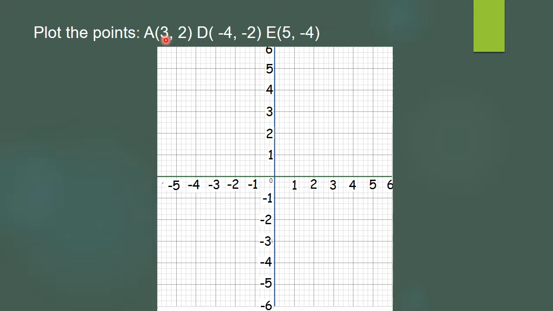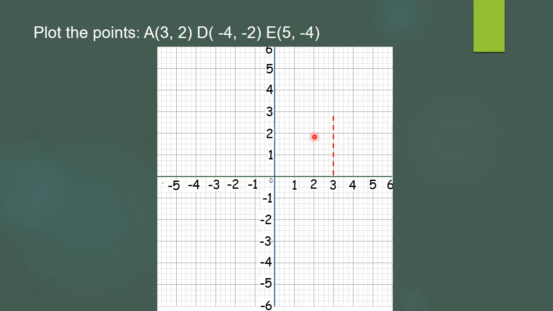Now for that, as its x coordinate is 3, we will draw a line through 3 parallel to the y axis, passing through the point 3. As the point is in the first quadrant, we will only draw the line in the first quadrant.